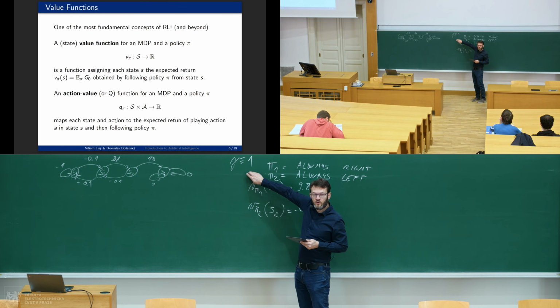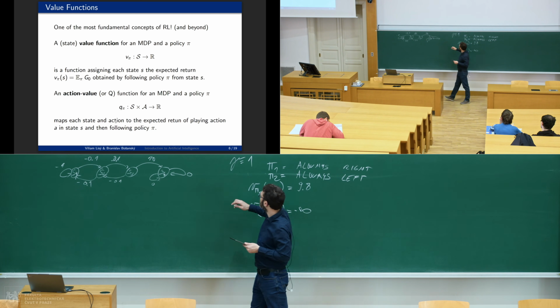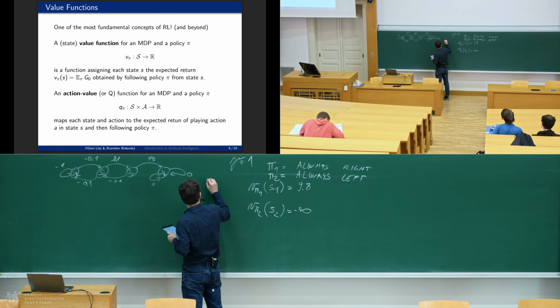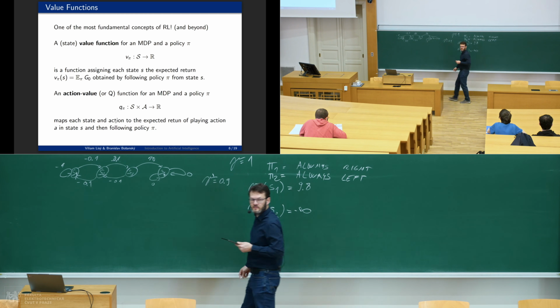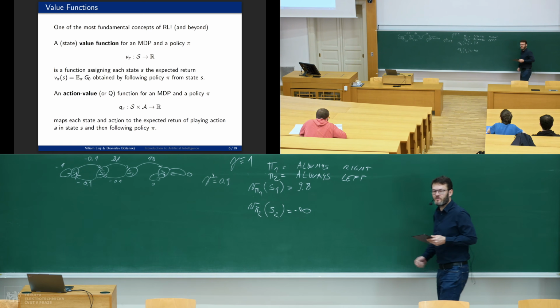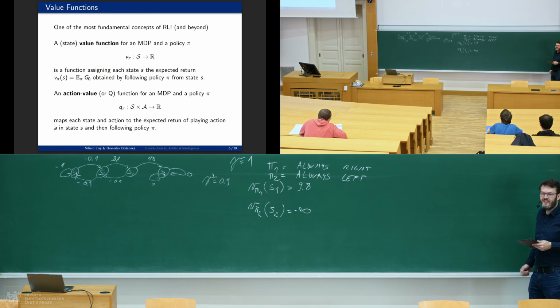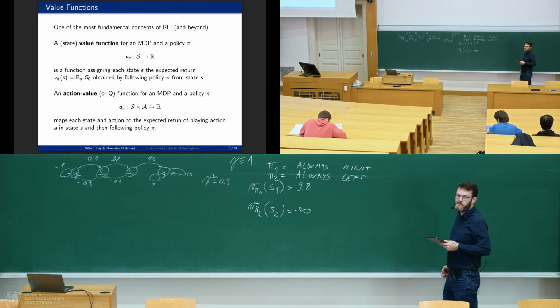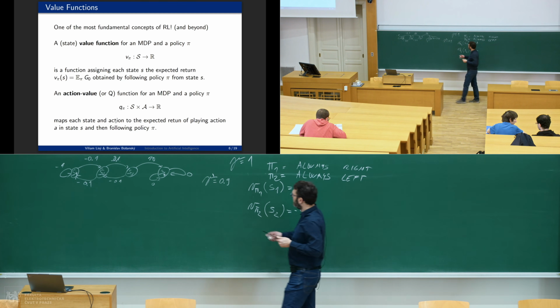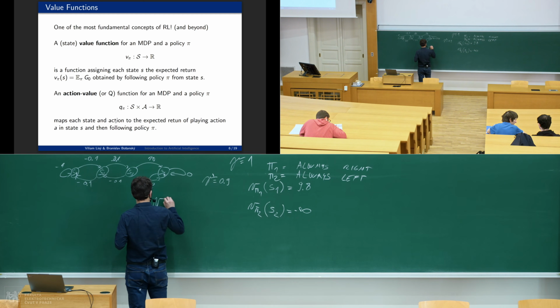Because we have the discount factor of 1. What if we had discount factor of 0.9? Does anyone remember the high school algebra? What would be the value function of pi2 in state S1?